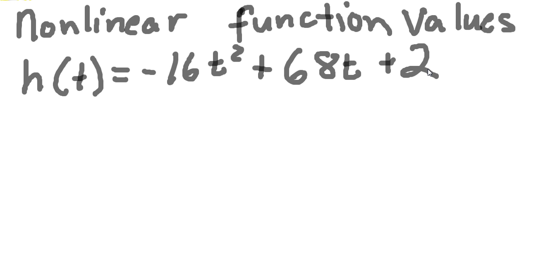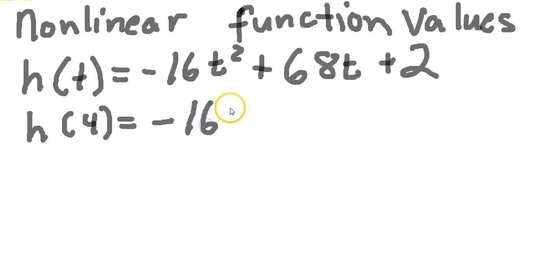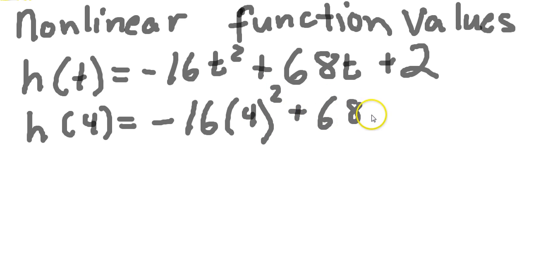So find each value. So h of 4. So this is part A. So we have h of 4, so h open parentheses 4 equals -16 open parentheses 4 close squared plus 68 open 4 close plus 2.